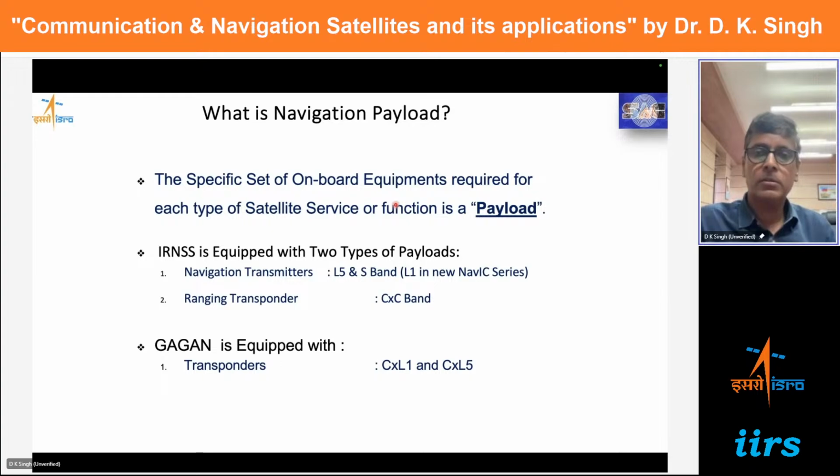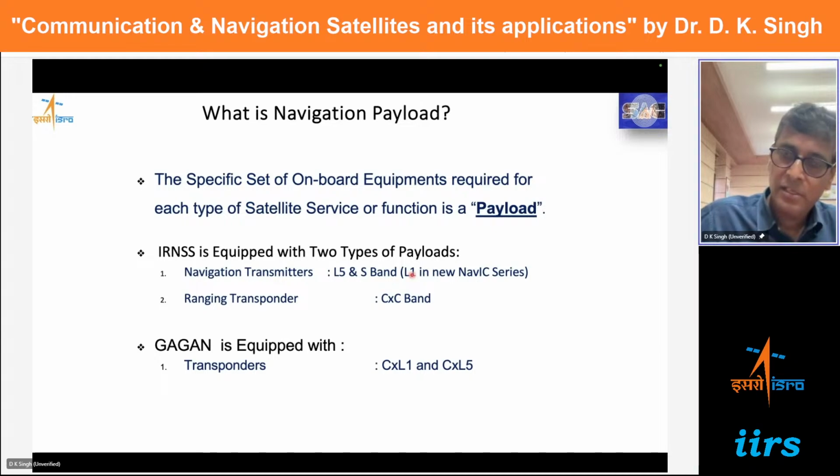Now coming to the technology part, the IRNSS payload is equipped with an L5 and S band transmitter. It is only a transmitter, it doesn't receive signals, and the L1 signal is added in the new NavIC series to make it fully compatible with GPS type systems.